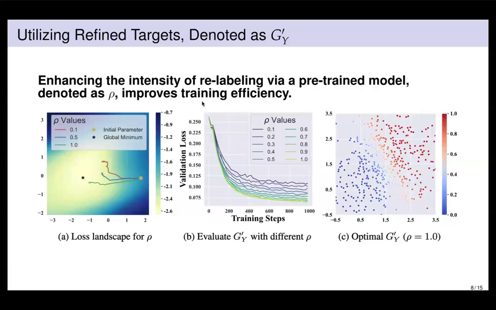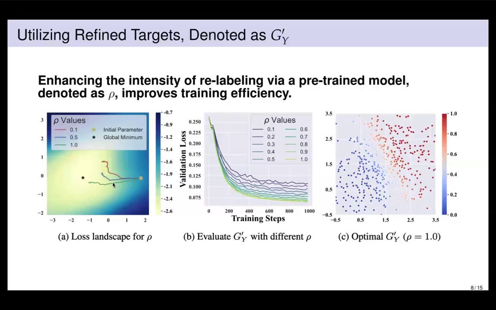In the second experiment, we focus on utilizing the refined targets, denoted as G prime Y. We enhance the intensity of relabeling via a pre-trained model, with the relabeling ratio denoted as rho. We try to use this term to improve the training efficiency.